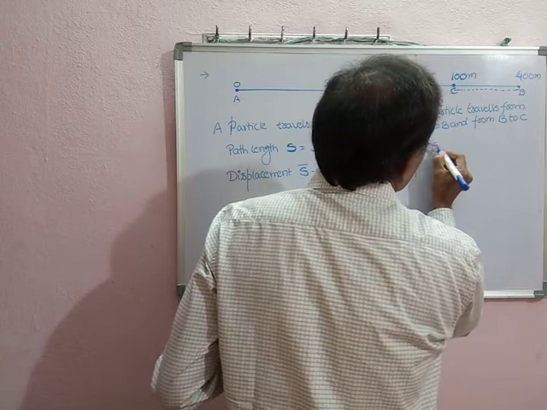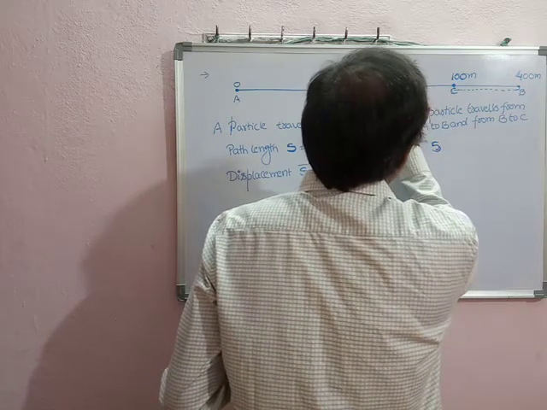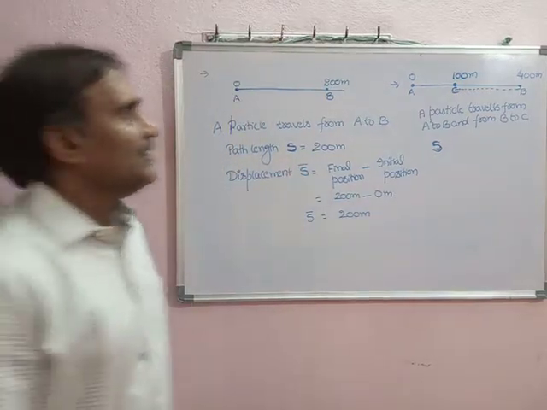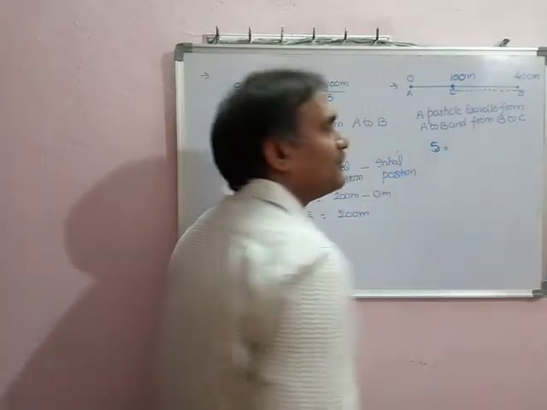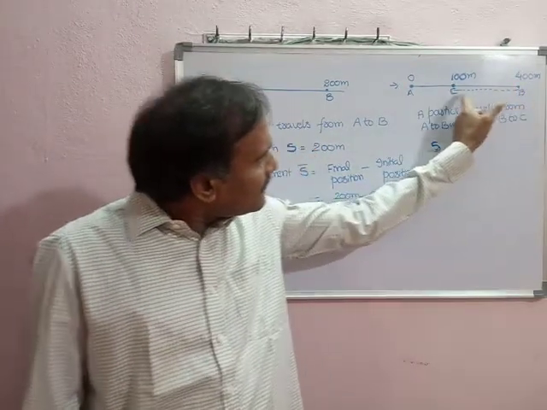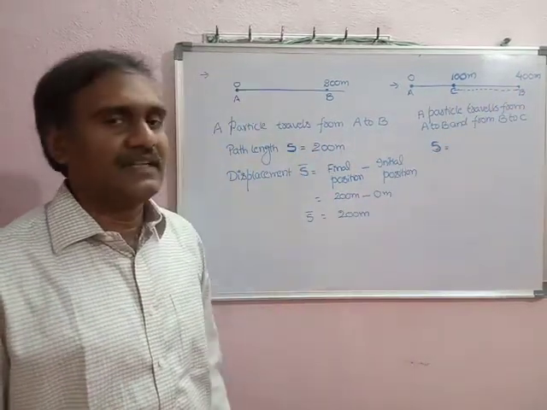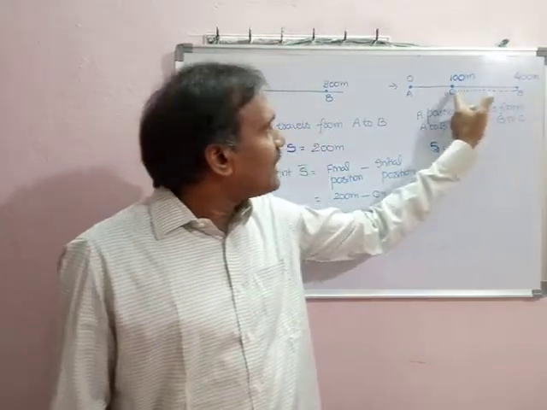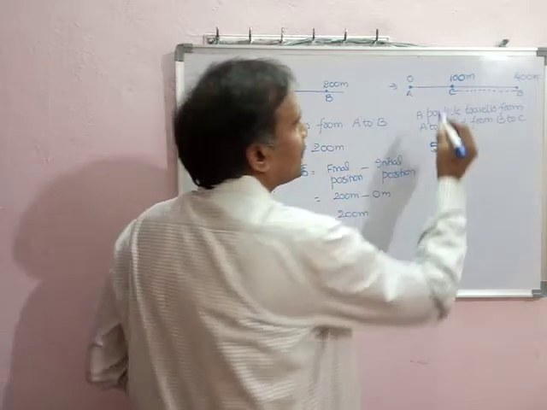The actual length of the path traveled by the particle is called path length.